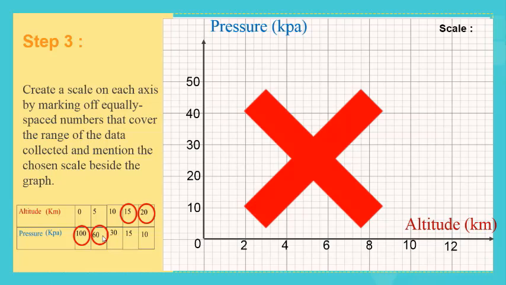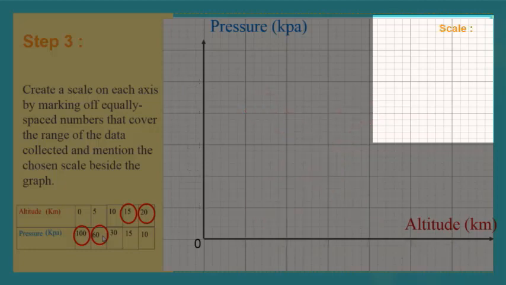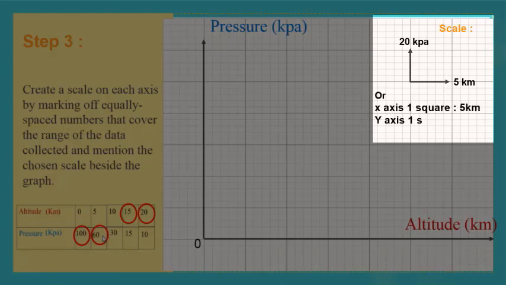For the x-axis or the values of altitude, it is good to choose 5 km for each square. For the y-axis, it's good to choose 20 kilopascal for each square. Or we can say x-axis 1 square 5 km, y-axis 1 square 20 kilopascal.